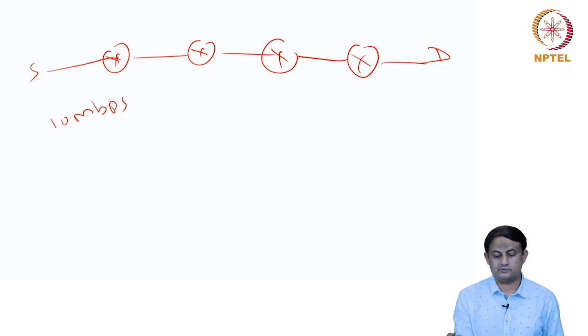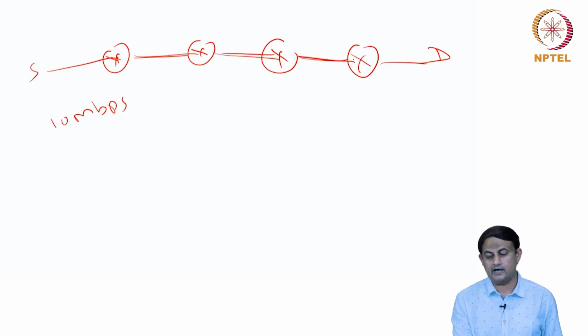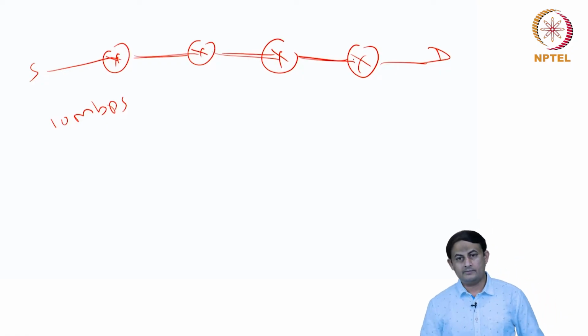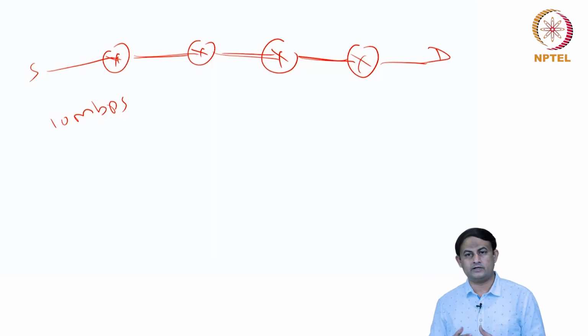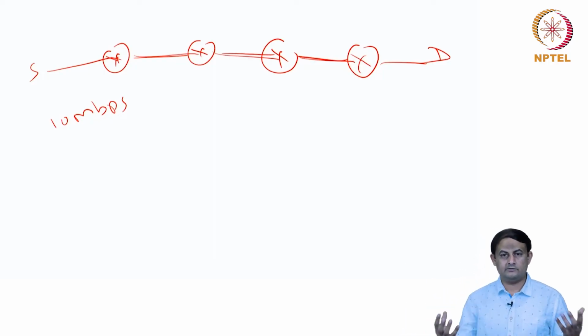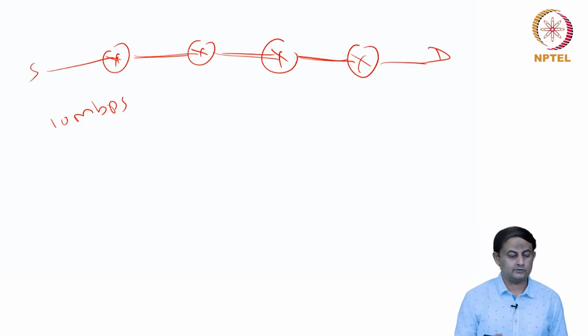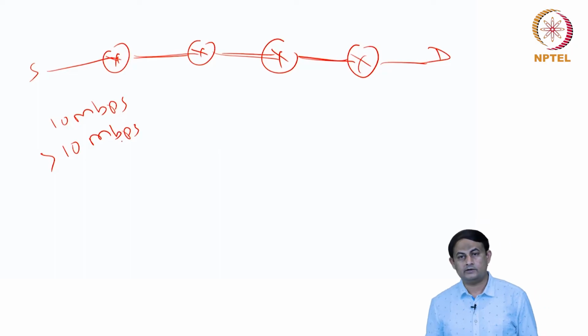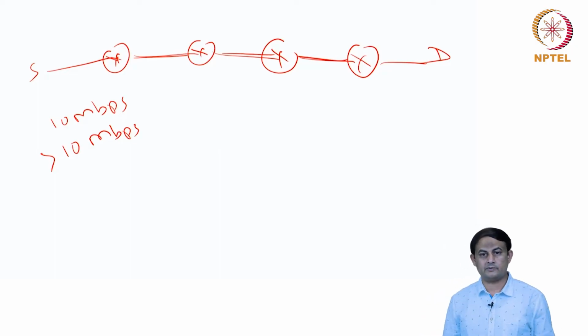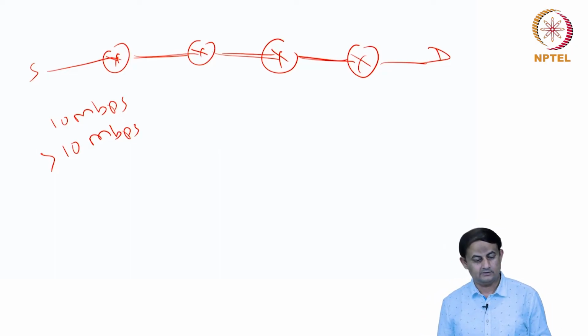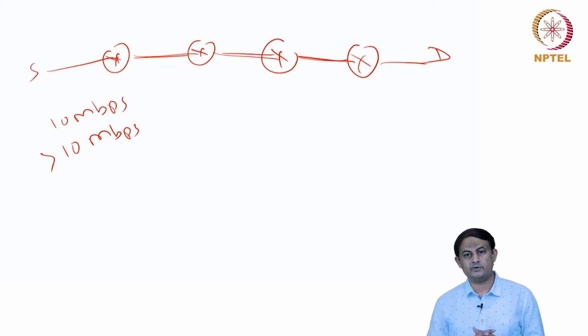From the source to the destination, all along the path, to carry 10 Mbps of the peak rate at which the source is generating data, some resources are provisioned. So what if the source does not honor this? If it starts transmitting beyond 10 Mbps, what does the network do? The resources are provisioned only for 10 Mbps, but the source is transmitting beyond that rate.